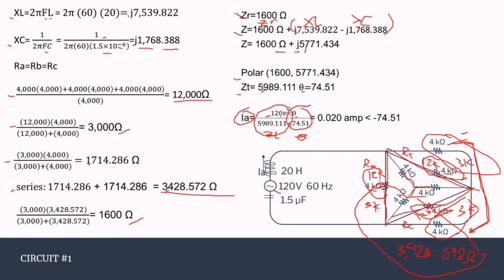So 120 volts divided by 5,989.111 is equal to 0.02 ampere, and 0 minus 74.51 is negative 74.51.